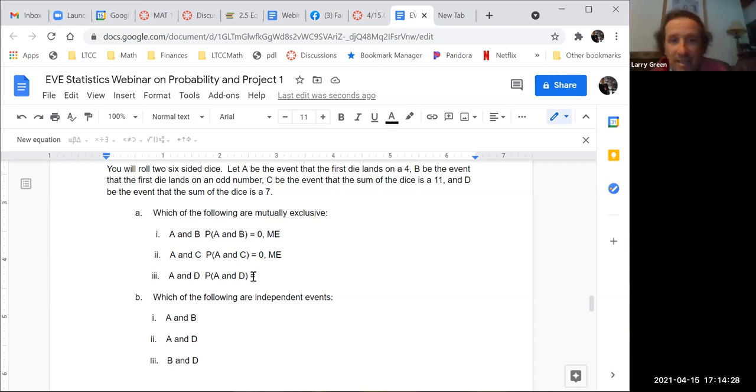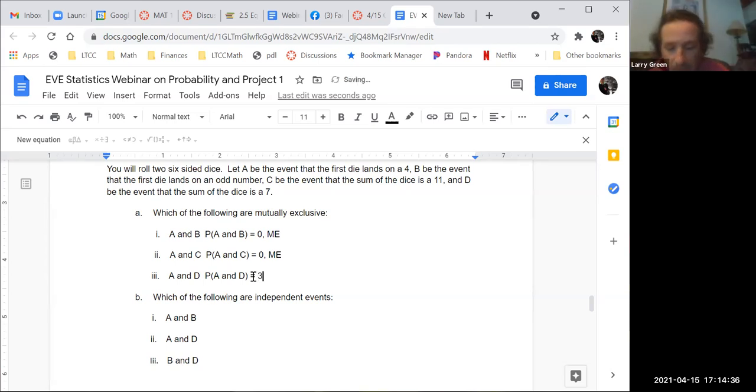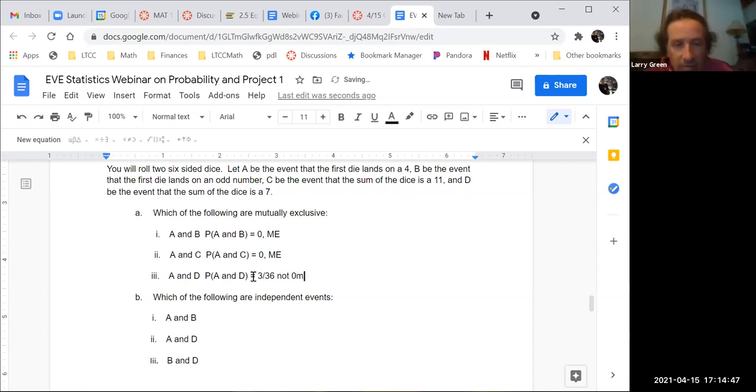It's supposed to be easy. Oh, so 3. Yeah, so it's going to be 1 divided by the 36 different 2-die rolls, and that's not 0. So not mutually exclusive. Any questions on part A?